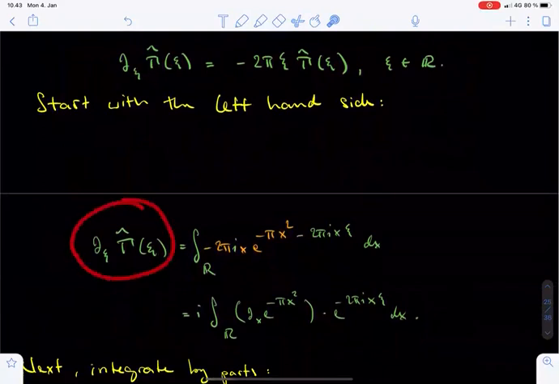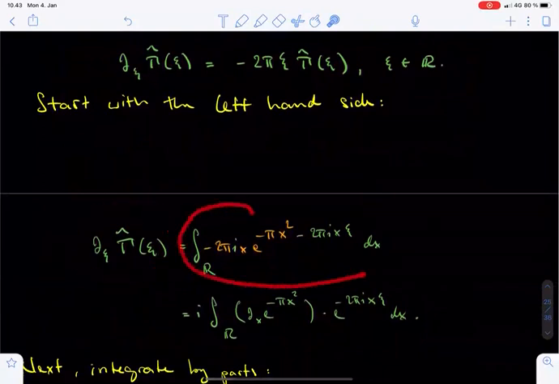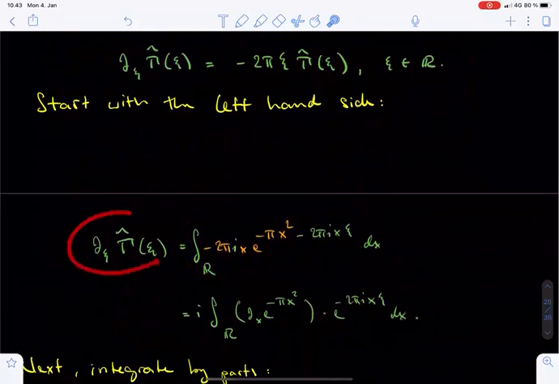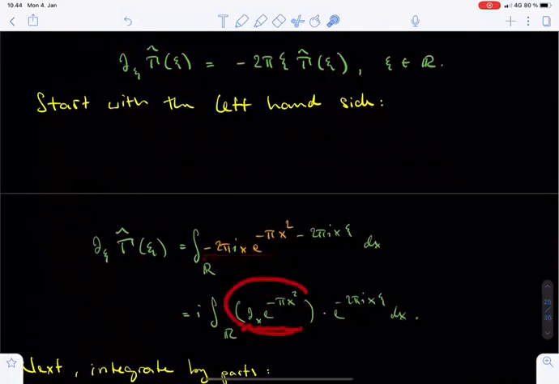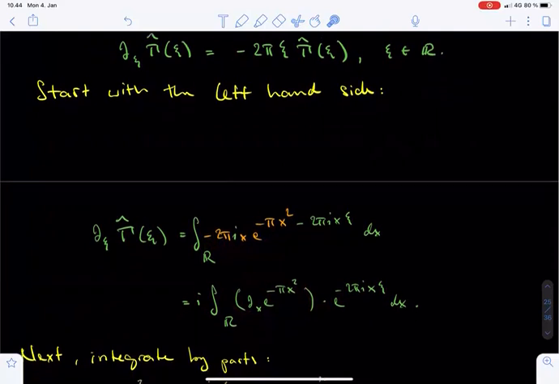Writing out the definition of the Fourier transform and differentiating under the integral sign, the xi derivative of hat gamma at xi equals the integral of minus 2 pi i x times e to the power minus pi times x squared minus 2 pi i x xi dx. Here we recognize that the factor minus 2 pi x times e to the power minus pi x squared equals the x derivative of the Gaussian e to the power minus pi x squared.